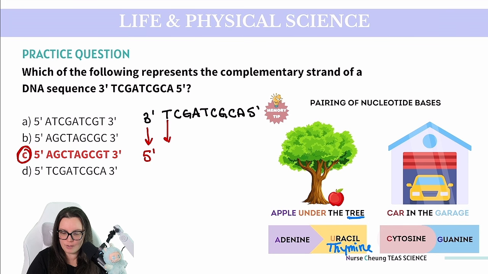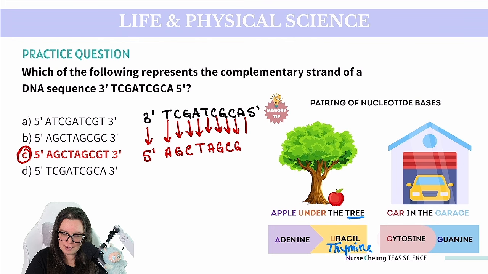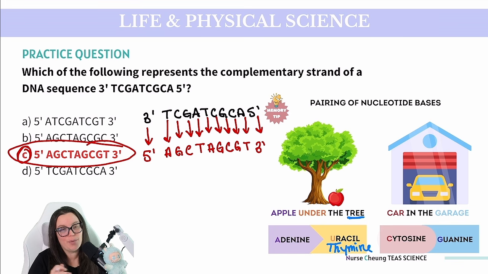Our T is going to attach to our A. Our C is going to attach to G. Our G is going to attach to C. Our A is going to attach to T. Our T is going to attach to A. Our C will be G, G will be C, C will be G, and then our A will be T, and then of course this will be 3. So if we were looking at all the options we have available to us, C would be the correct answer, making it our complementary pair.